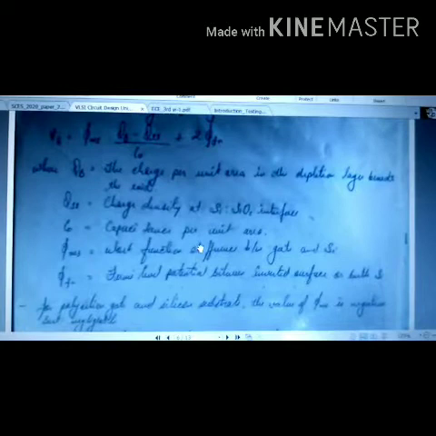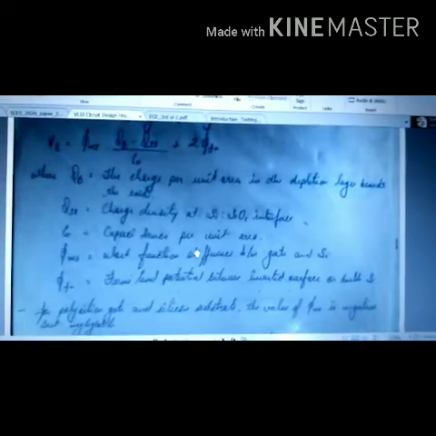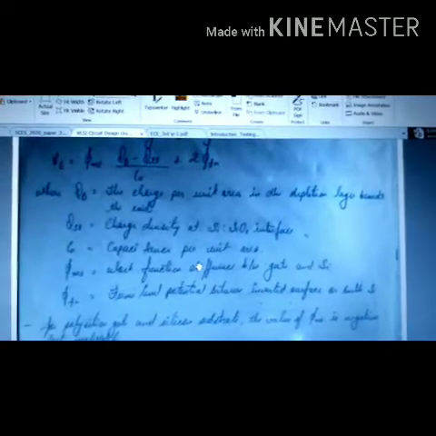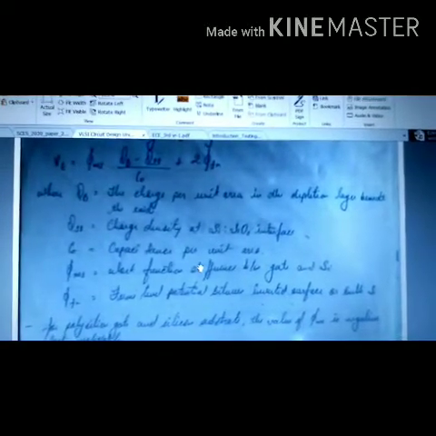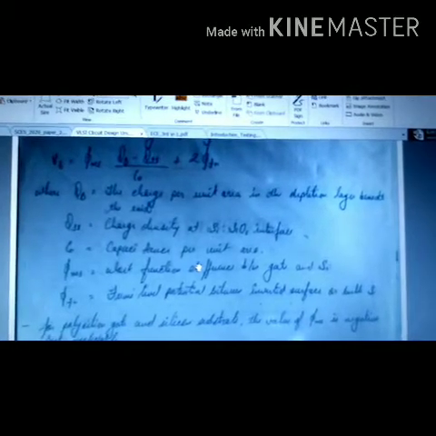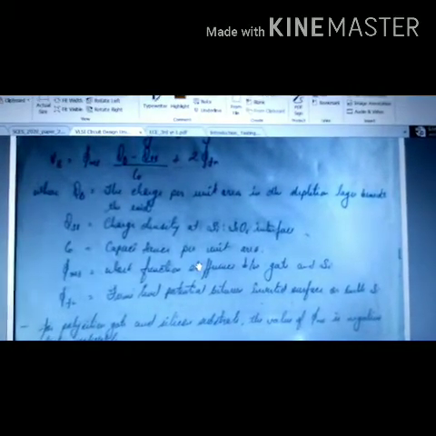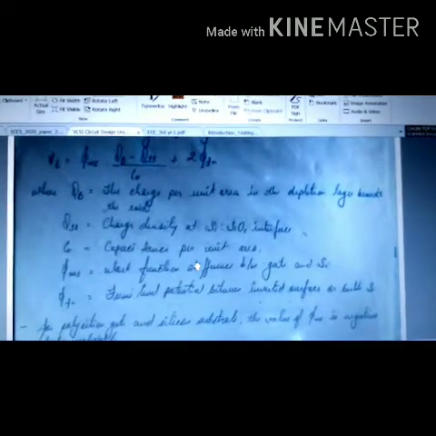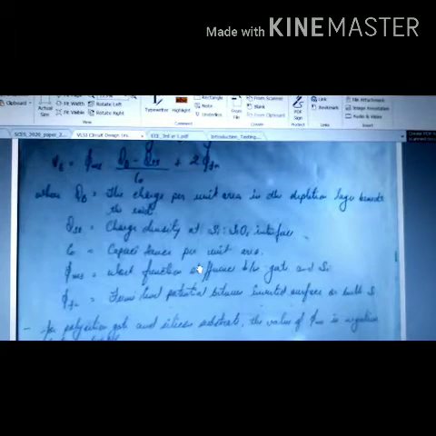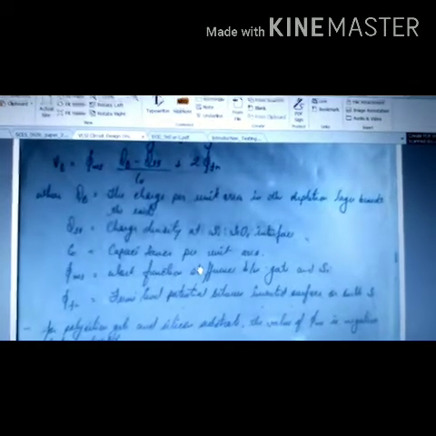Then Co is the capacitance per unit area. This capacitance is basically the capacitance of the oxide layer. We know oxide is a dielectric material, so it will show some capacitance. Then comes phi ms, which is the difference between the work function of the gate and silicon.